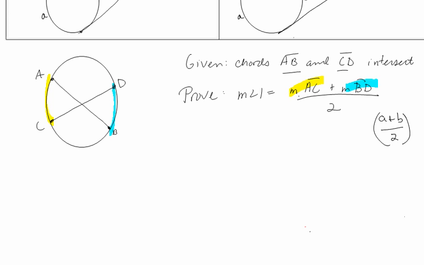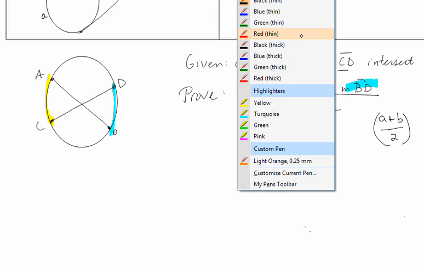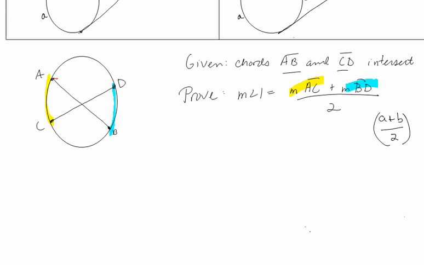Although in this diagram we're calling A arc AC and B arc BD. So no surprise here, I'm going to add an auxiliary line into my diagram. And actually angle 1 was supposed to be labeled on this diagram.